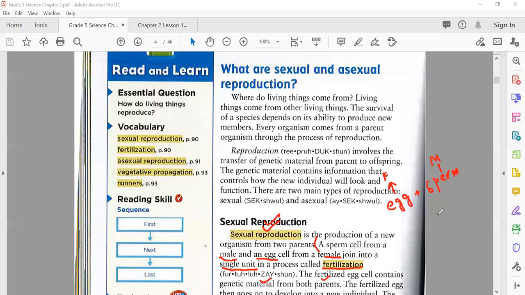So the new cell that is made, we name fertilized egg, as mentioned here. This contains all the genetic material that comes from the parents. For example, if your eye color or hair color is like your father's or your mother's, it means that this genetic information passed to you from them.